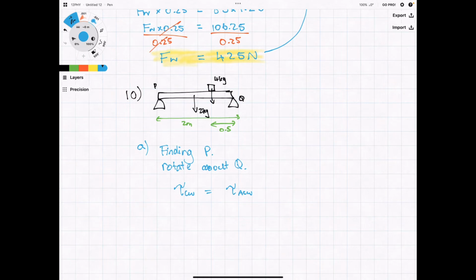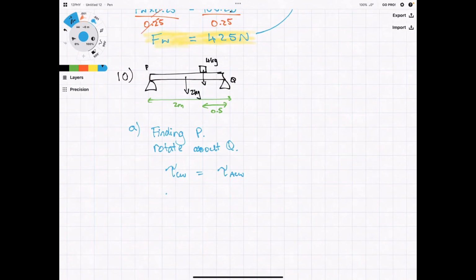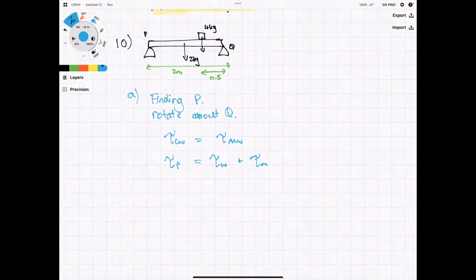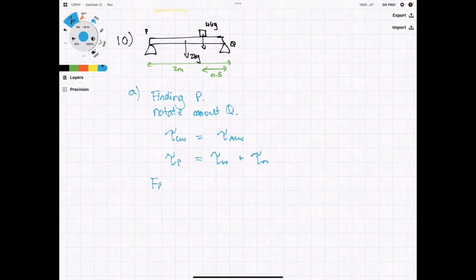Okay, and the one going clockwise, we have torque of P is the clockwise one, and in the anti-clockwise, we have torque of weight plus torque of the mass. Okay, so those are our torques. So we've got FP, distance P, equals F weight, distance weight, plus F of the mass, distance of the mass.